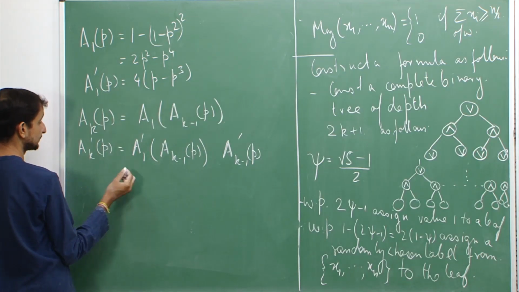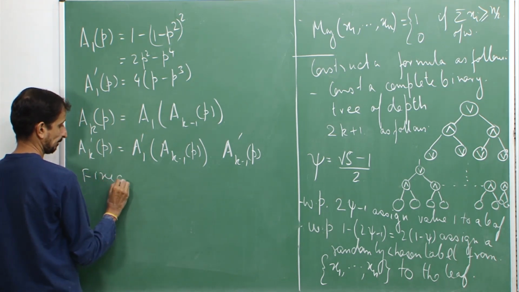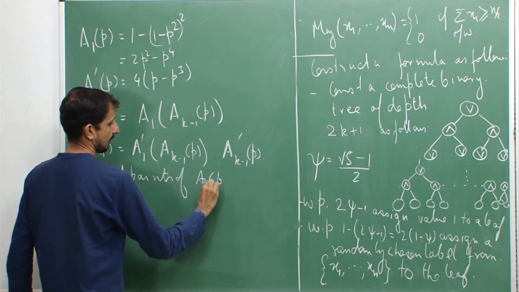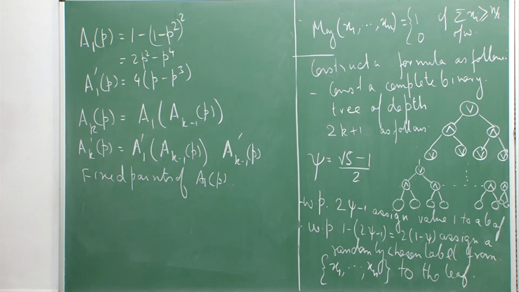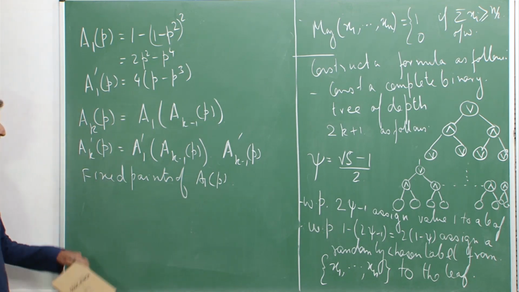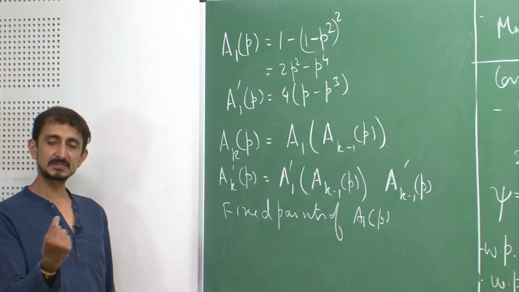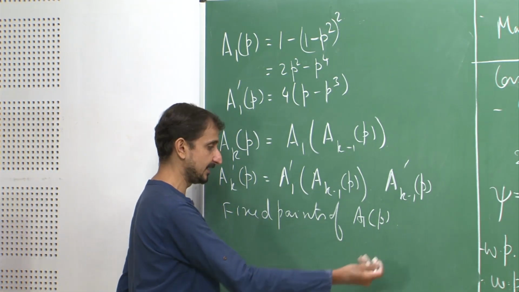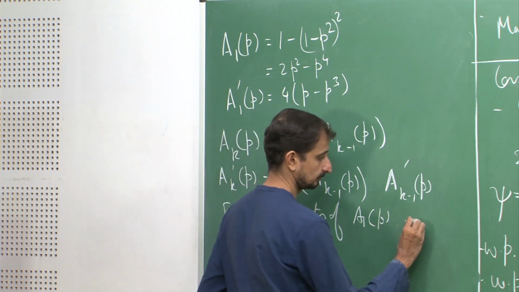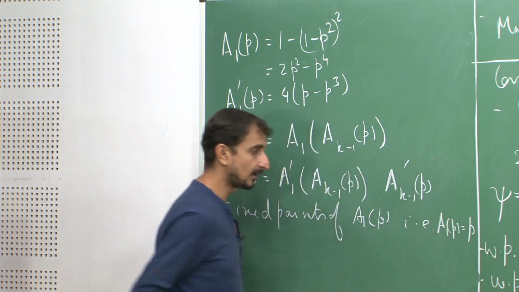To study the fixed points, note that whatever are the fixed points of A1 of p, those must also be the fixed points of all A k of p. Because if I have a fixed point of A1 of p, that is basically a point p such that A1 of p is equal to p.